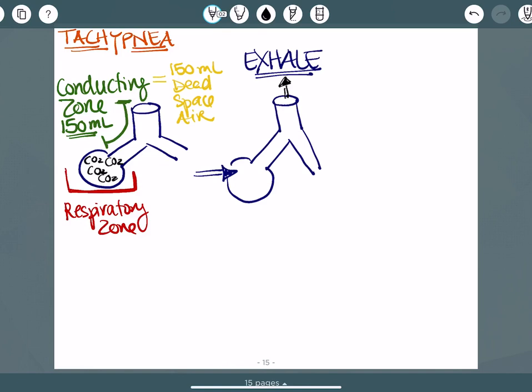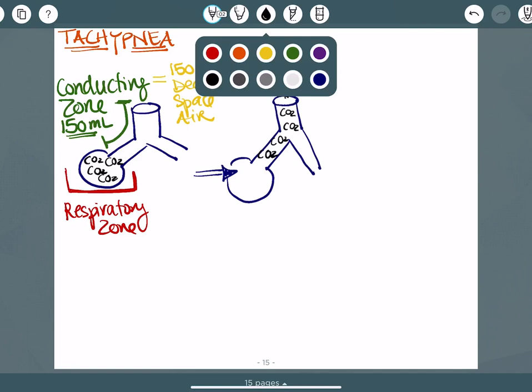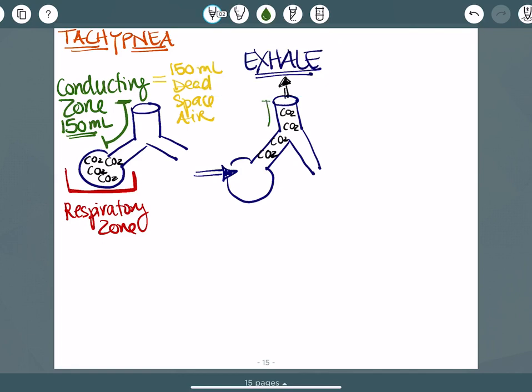So at the end of your exhalation, what have we filled the conducting zone with? Carbon dioxide, right? So at the end of our exhalation, what's the volume of carbon dioxide we have here? Well, we have about 150 milliliters of carbon dioxide that didn't get a chance to leave. Exhalation is done.